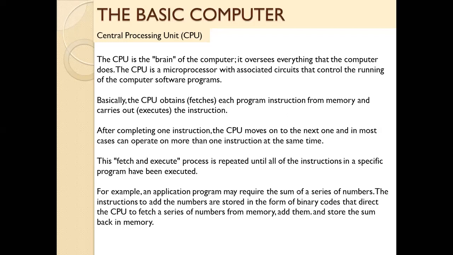Basically, the central processing unit takes one instruction and executes it and then takes another instruction and executes it. But modern central processing units can do parallel processing. It means that one instruction would be executing and the next instruction would also be executing at the same time. That the microprocessor can do.